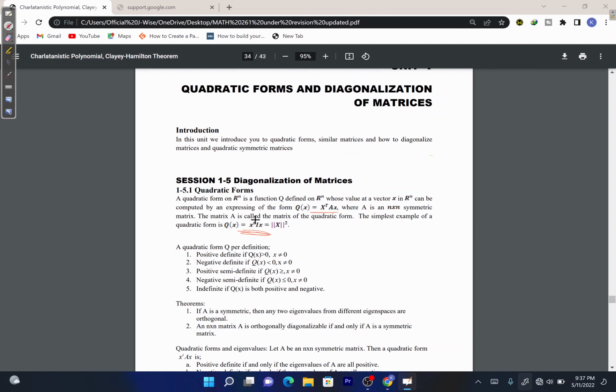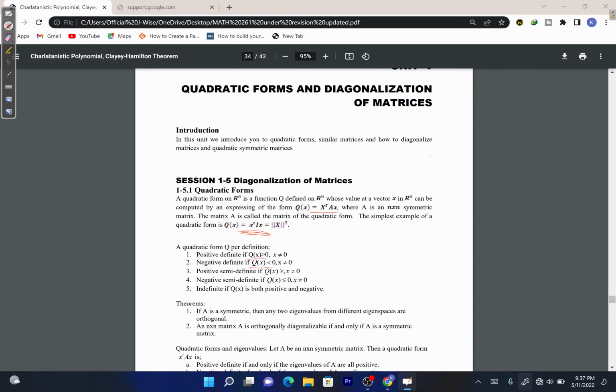Now we can describe the nature of a quadratic form. A quadratic form is said to be positive definite if Q of x is greater than 0 for x not equal to 0. It is negative definite if Q of x is less than 0.